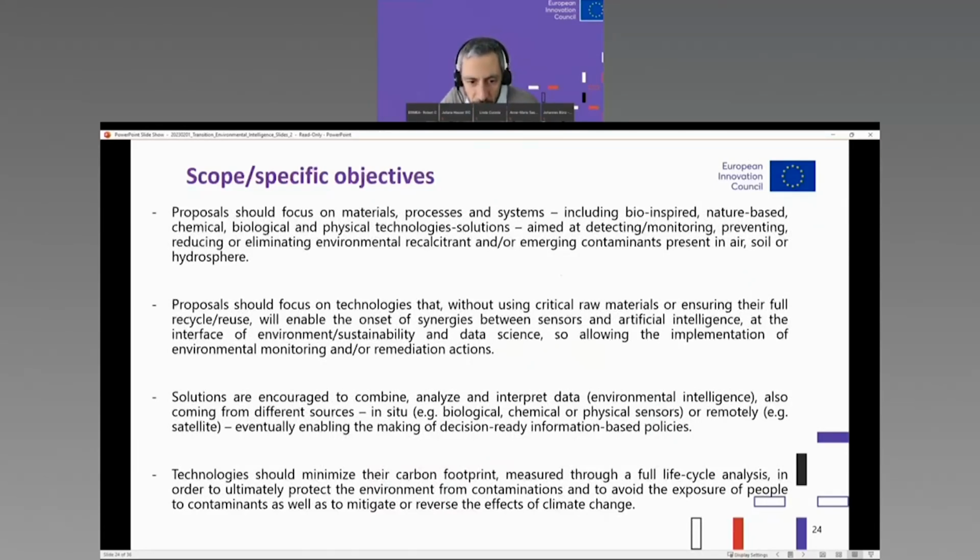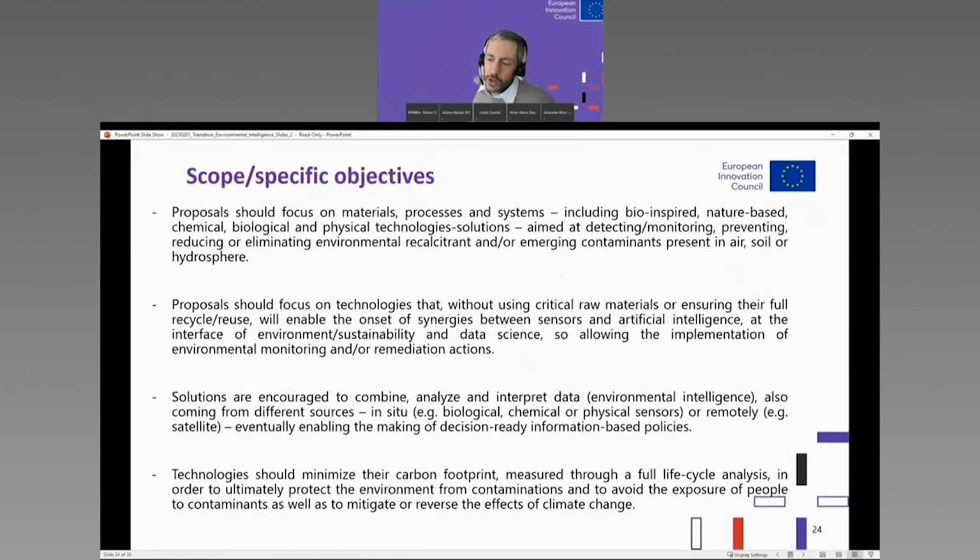More than appreciated, this is not compulsory. But for sure, the environmental intelligence setup could also only help decision-ready information-based policies. So policies that are implemented thanks to the information, to the data coming out of this environmental intelligence.